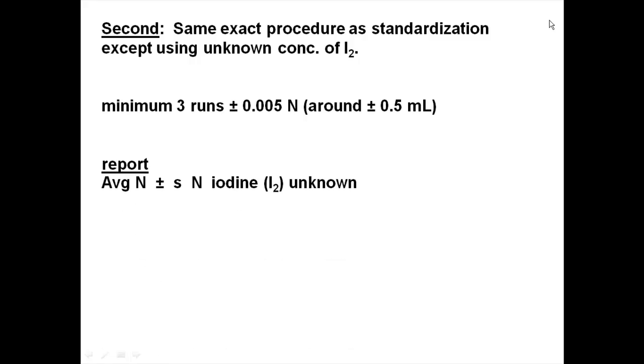You will be reporting the average normality, plus or minus the standard deviation of normality, of the iodine unknown solution. Once again, I want you to convert your average normality to molarity. Remember in this case that it's 2 equivalents for 1 mole of iodine, so your molarity will end up being 1/2 the normality. So molarity and normality are not equal for your iodine.